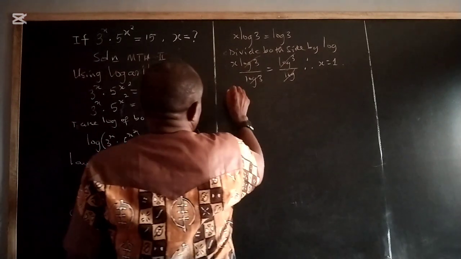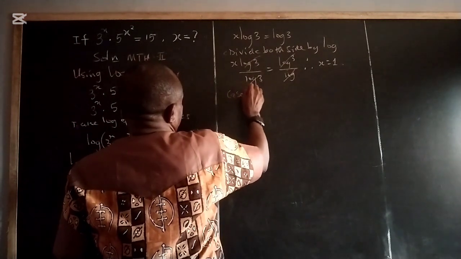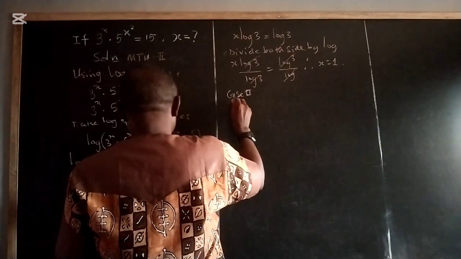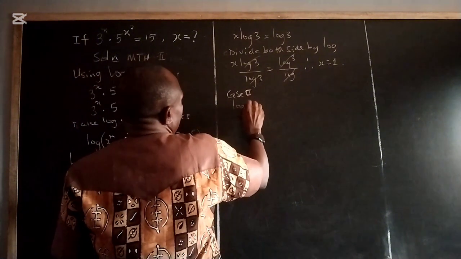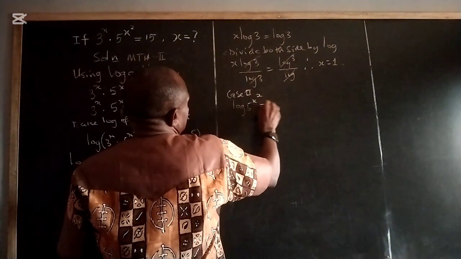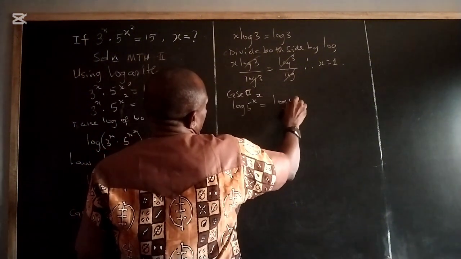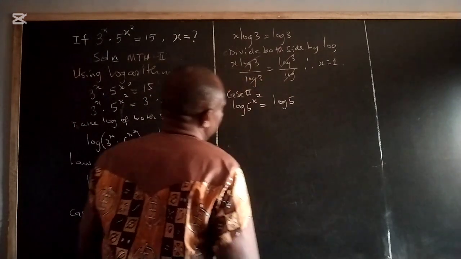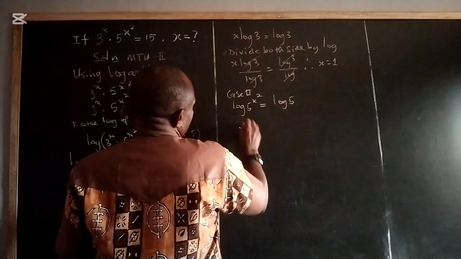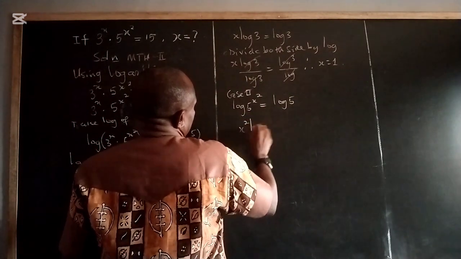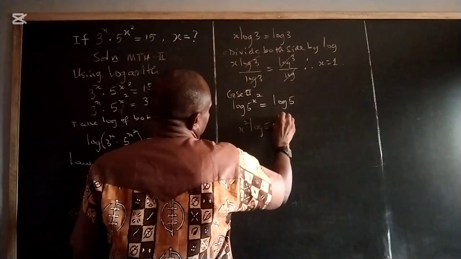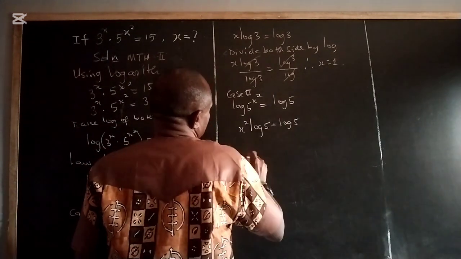All right, case 2 again. So for our case 2, we equate log of 5 raised to power x squared against log of 5 at the other side of the equation. So we have x squared log 5 is equal to log 5.